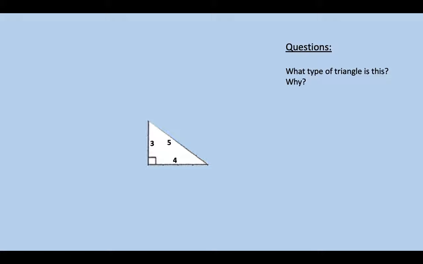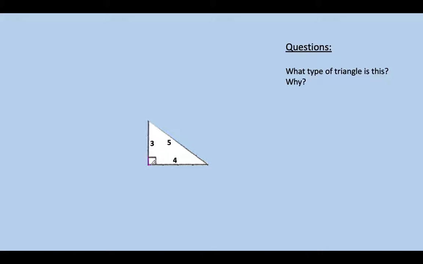To begin, we have this triangle right here. And what I am asking of you is first of all, what type of triangle is this? So just think about it for a second. Pause the video if you want to, and just look at the triangle and figure out what type of triangle it is. Well, this triangle is a right triangle.